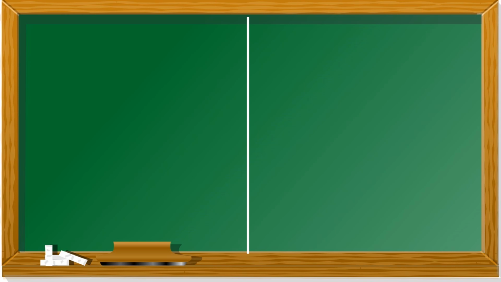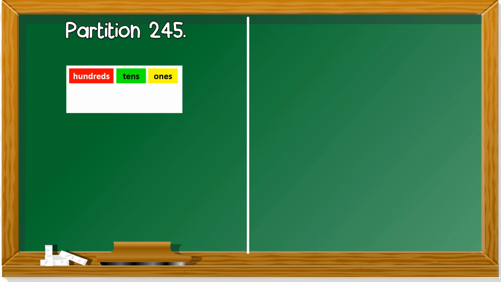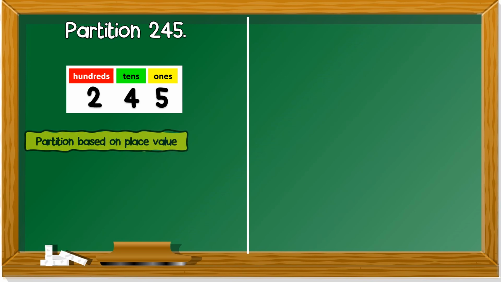Let us take a look at some example. First one, partition 245. We should draw the table of hundreds, tens, and ones and put the number in like this. So, when we partition based on place value, we can see that it's 2 hundreds plus 4 tens plus 5 ones.